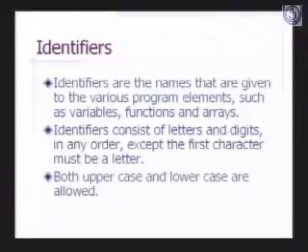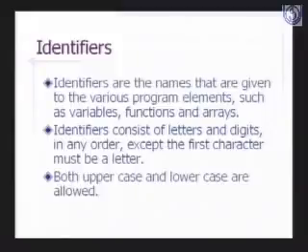Both uppercase and lowercase are allowed in the C programming language. So you can name the identifier in capital letters, in small letters, in capital letters with digits, in small letters with digits, or a mix of capital letters, small letters, digits and the underscore also. And we can say that C language is case sensitive.